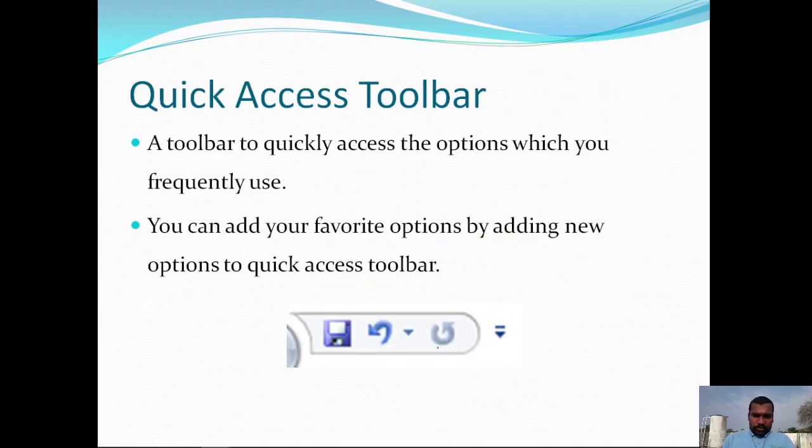Quick access toolbar. This one is the quick access toolbar beside the Office button. We use this quick access toolbar to access the most frequently used commands or operations. Most frequently or repeatedly performed operations and commands are included in the quick access toolbar, so that we can quickly perform the operation.